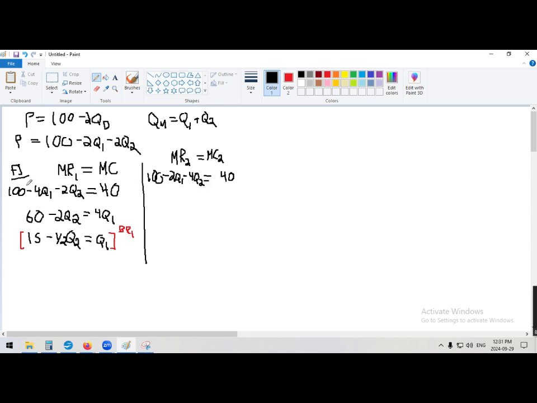So we can see this is pretty much symmetric to the first one. It's just that Q2 and Q1 are flipped. So this is going to give us the same answer, just with different labels. So we're going to have Q2 instead of Q1. This will be 15 minus a half of Q1. So what we have here is firm 2's best response function.